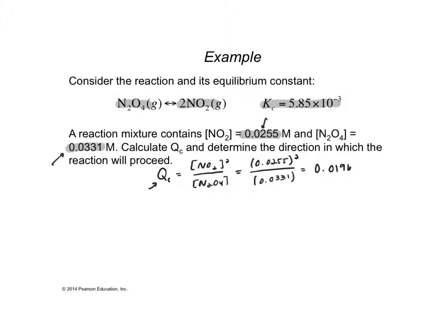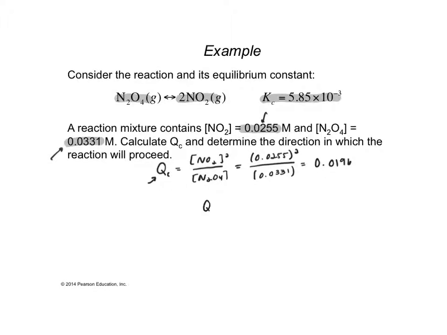Okay, so that's where we're at. That's what Q is equal to. So Q is equal to 0.0196, okay? And again, K here is equal to 5.85 times 10 to the minus 3.